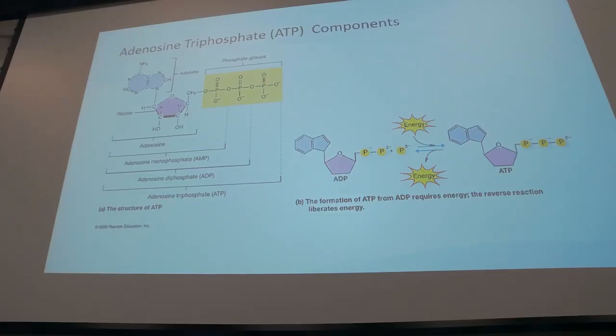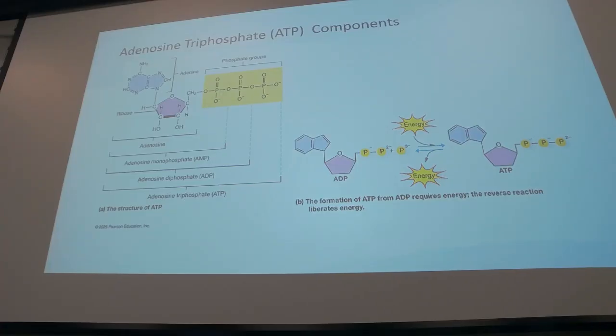So an example of one of these structures: we have ATP, adenosine triphosphate. Adenosine triphosphate has an adenine, which is this. It has this ribose sugar, and then it has 3 phosphate groups.